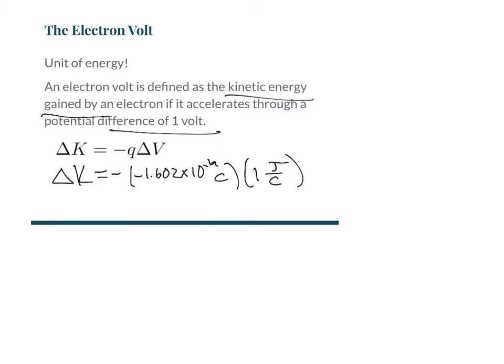So what you can see is that the change in kinetic energy gained by the electron, which is 1 electron volt, equals negative 1.602 times 10 to the negative 19 joules. And this is a standard unit of energy to use when working with small electric particles.